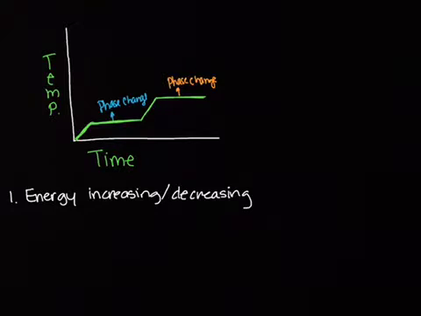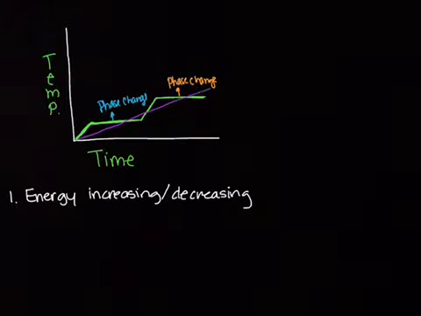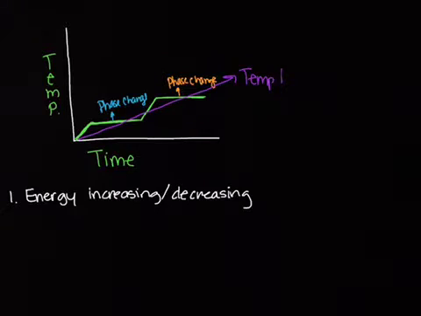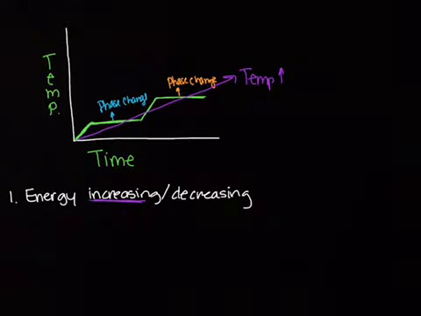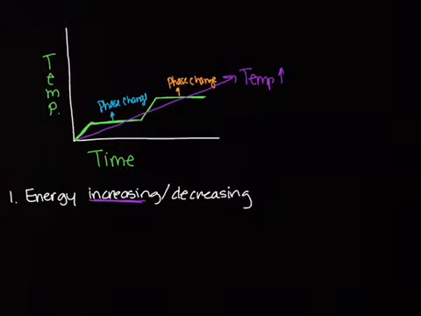So in our particular example, you can see that the overall trend as time goes on is that our temperature is going up. So we have an increasing temperature in this particular example. Then you need to take note of phase changes.